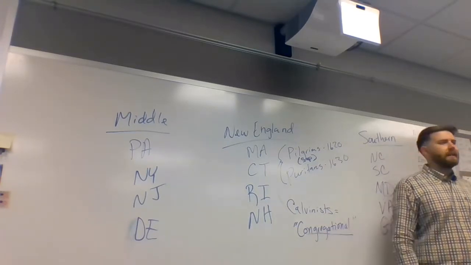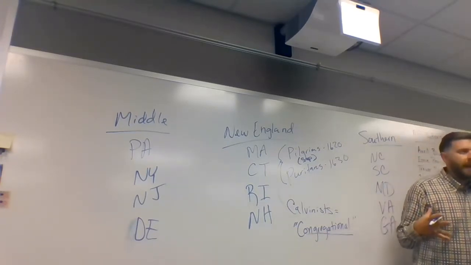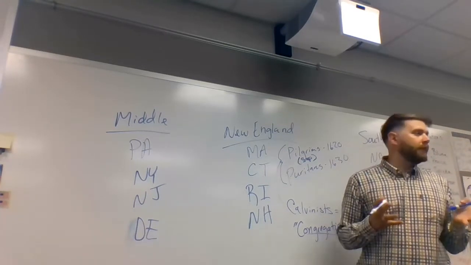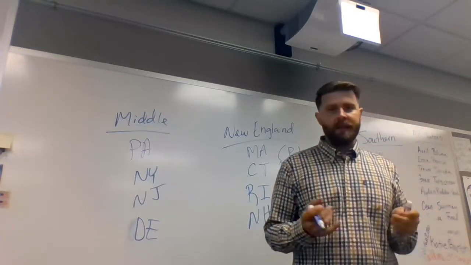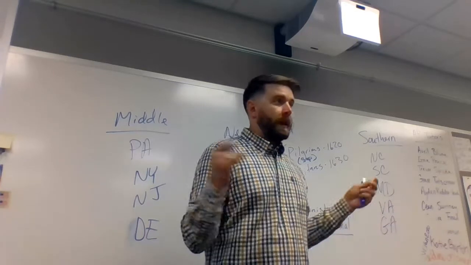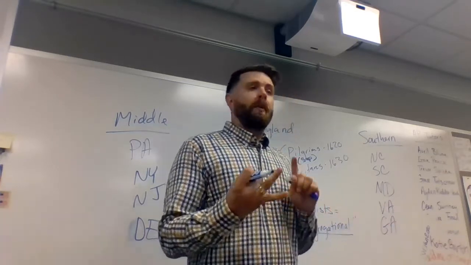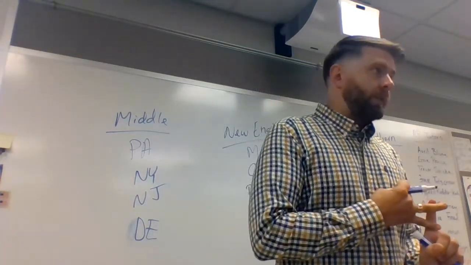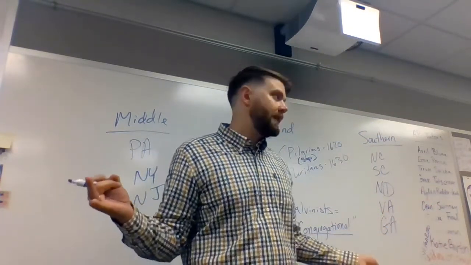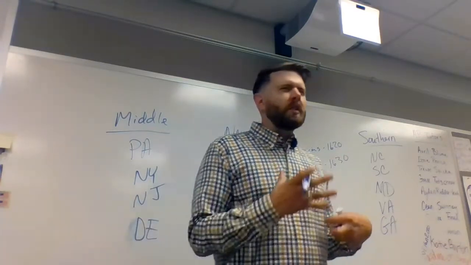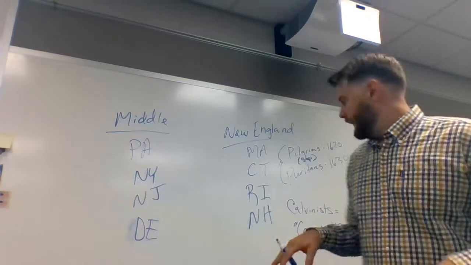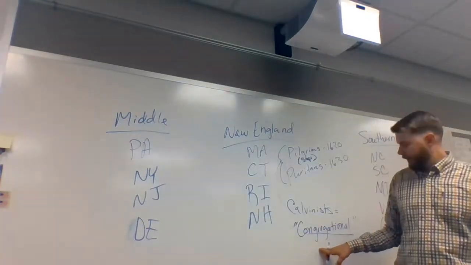That's a reference to the fact that the congregation had an unusual amount of authority in the church itself, whether that was voting for their ministers and voting for what had to happen in the church, whether it was that in order to vote in colonial affairs, you had to be a member of the Congregational Church, you had to be a congregant of the Congregational Church. It starts to look and be very different from the Church of England, okay? So we give this church the name Congregational Church.